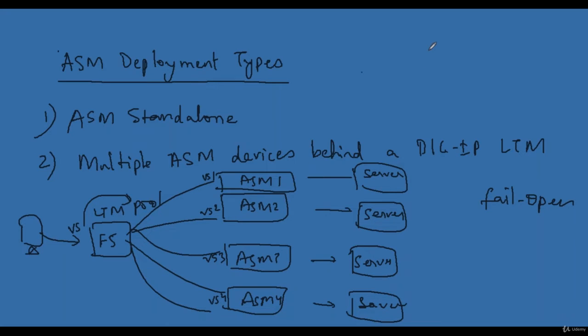Then the next deployment type would be ASM inline with BIG-IP. In certain environments, there is a need to send the web application traffic through LTM and then have the traffic secured by an ASM standalone appliance.